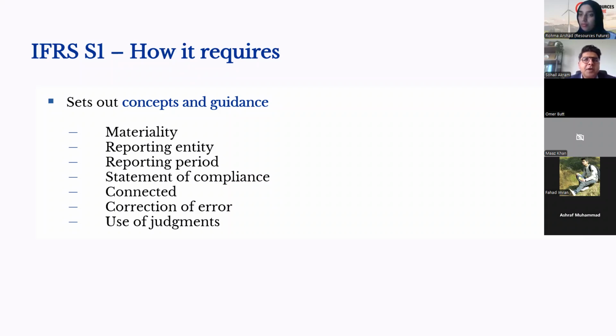As far as the reporting entity is concerned, IFRS S1 requires that the sustainability-related disclosures shall be for the same reporting entity as the related financial statements. So if an entity is preparing financial statements, the same entity is required to prepare a sustainability report as per IFRS S1. The reporting period of the sustainability report and the financial statements should be the same.